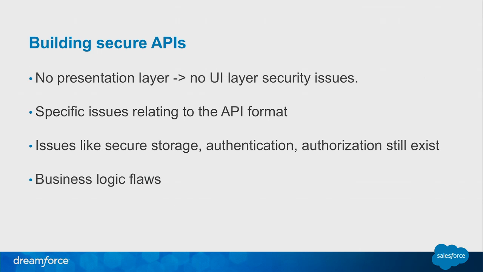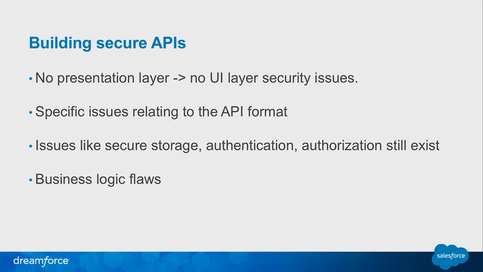So now we all see why everyone wants to build API-centric applications, because that's how you can have a broader range of applications. Now, with no presentation layer, does that mean there are no security issues? In the previous sessions, we talked about so many things like cross-site scripting and other UI-level issues. Does that mean we don't have any security issues anymore?